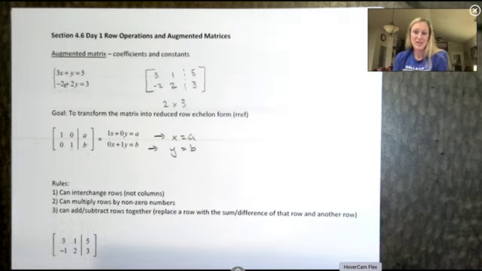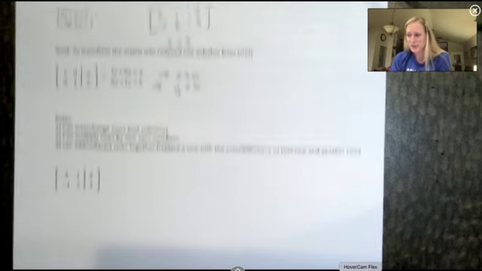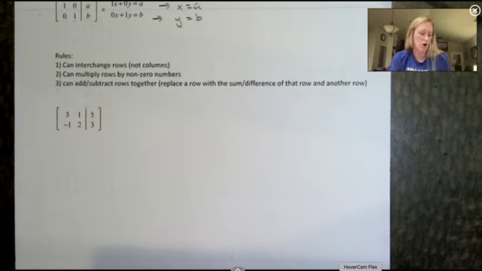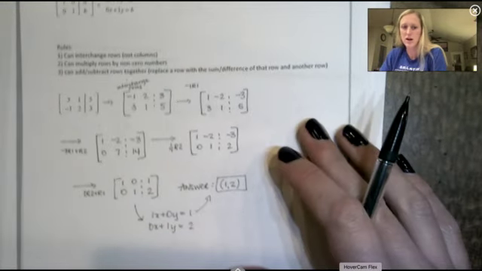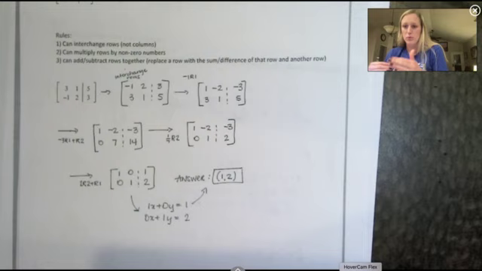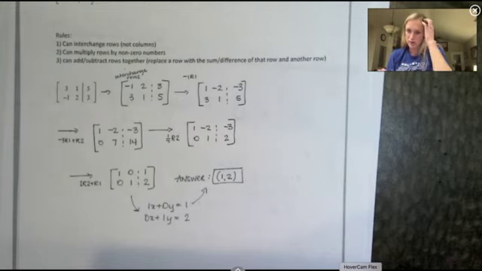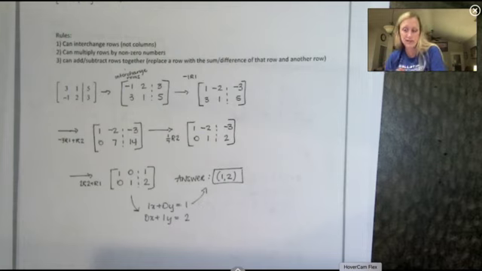Okay, well, there is a way to do it by hand, but it is tedious and long. I'm going to show it to you just briefly, so that you guys can see what it looks like. There are some rules here: we can rearrange the order of the rows. We cannot rearrange the order of the columns, because column 1 is associated with x, column 2 y, column 3 z if need be.